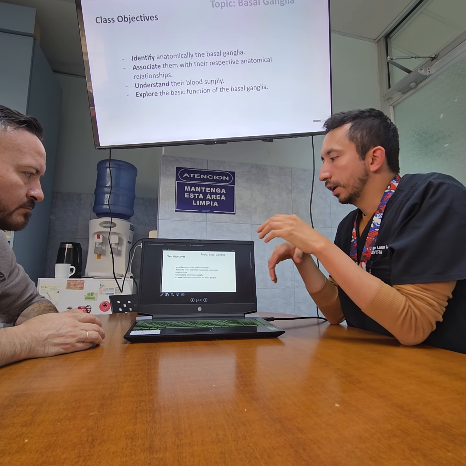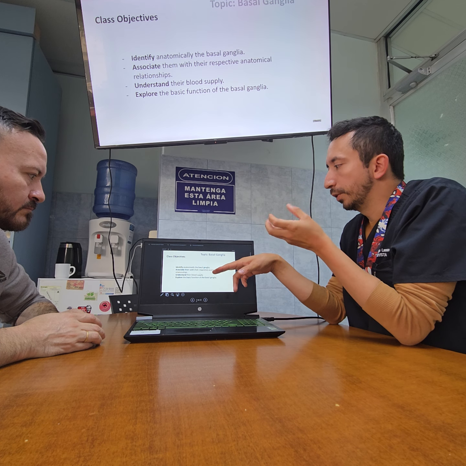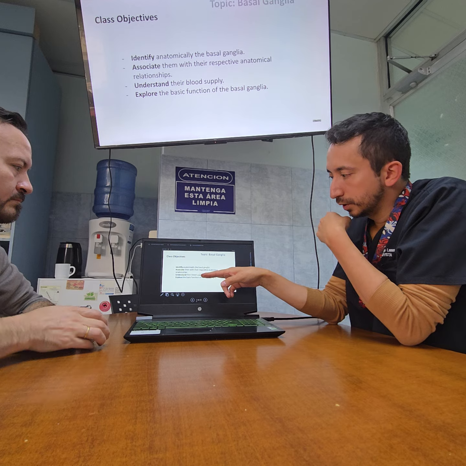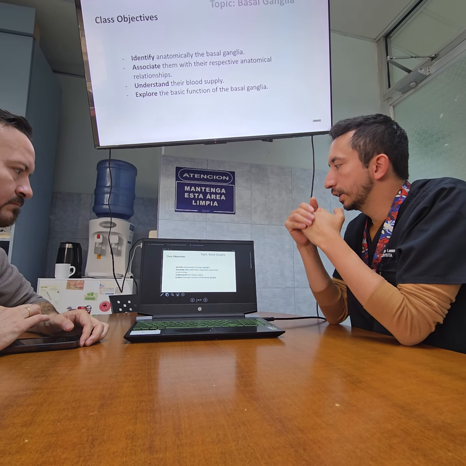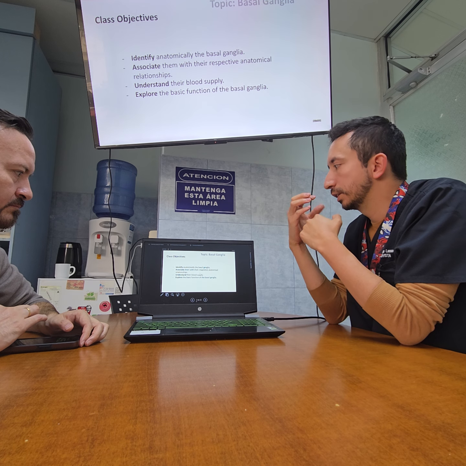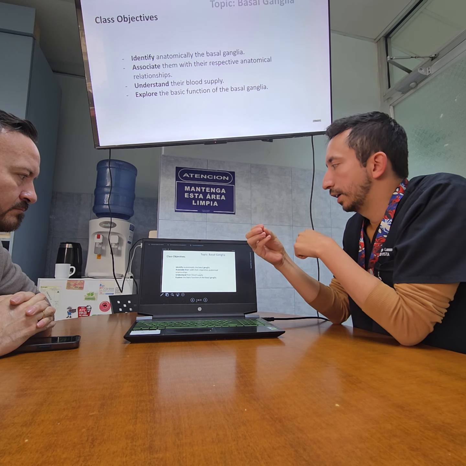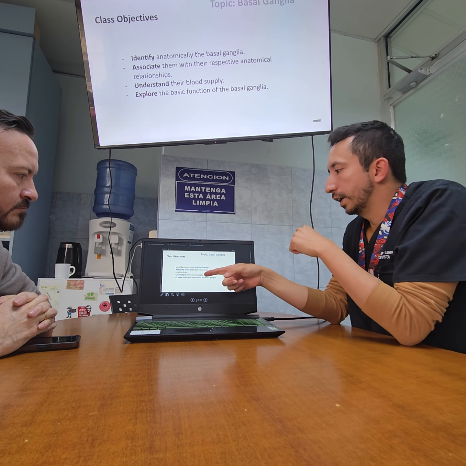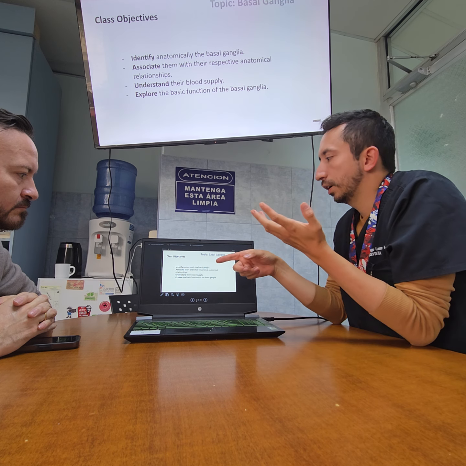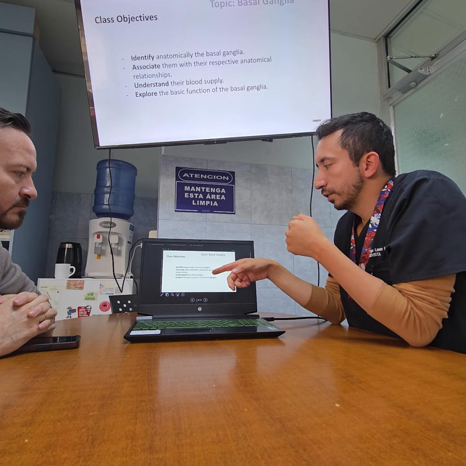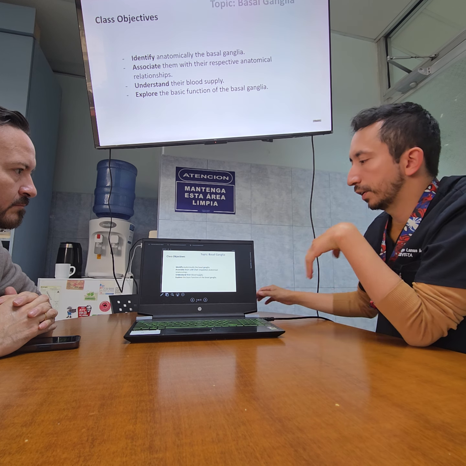We'll also review their blood supply, which is very important from both an anatomical and clinical standpoint. And finally, we'll explore their basic functions so we can connect the structure with function and clinical relevance.